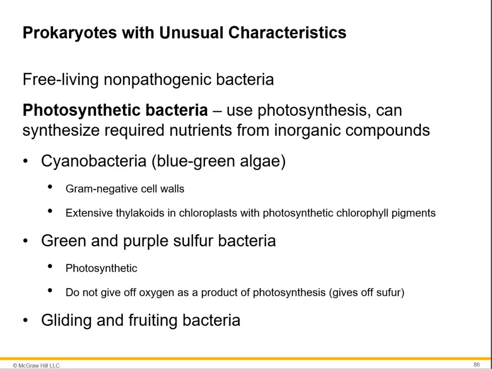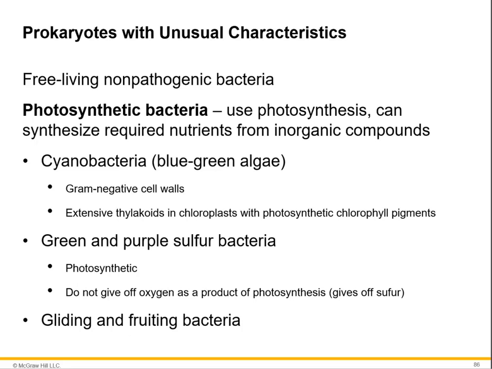Next, you have green and purple sulfur bacteria. These guys are also photosynthetic, but they don't give off oxygen as a product of photosynthesis. Instead, they give off sulfur. There are gliding bacteria, which are able to move across surfaces without the use of a flagellum. And there are fruiting bacteria.